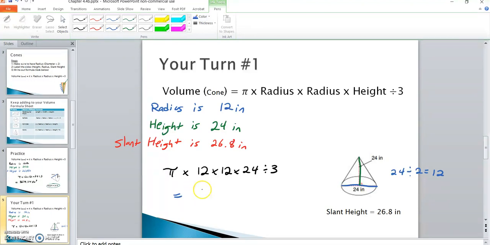And when we punch that into our calculator, we get 3,619.114 inches cubed. Okay, let's move on to our last one.